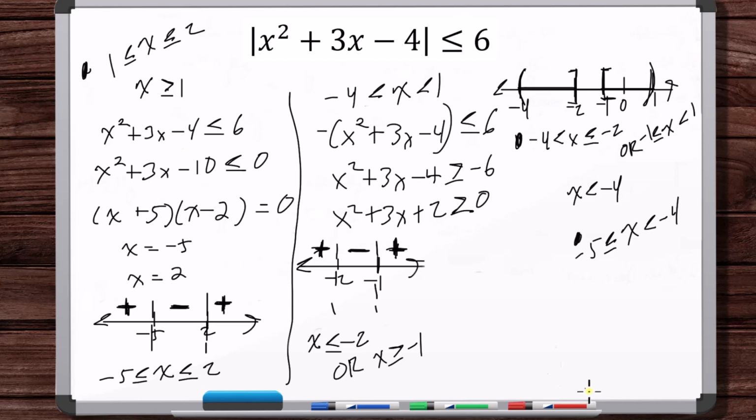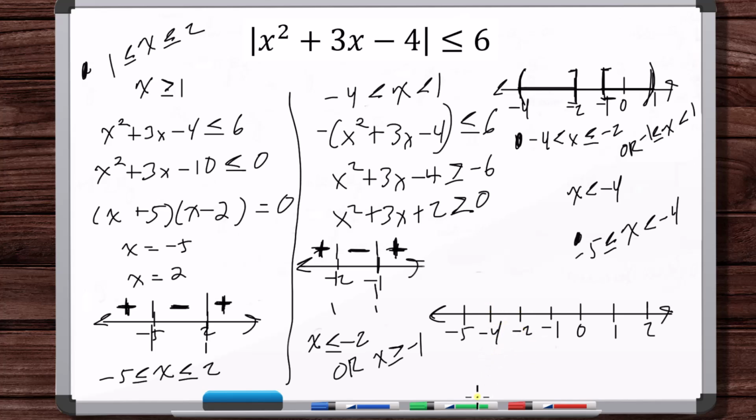Now we just want to combine those with an or. Okay? So let's see. We've got 1, 2, minus 4, minus 2, minus 1, 1. We got a bunch of numbers here. So let's see. 0, 1, 2. We go all the way down to minus 5. We've got a minus 1, a minus 2, a minus 4.